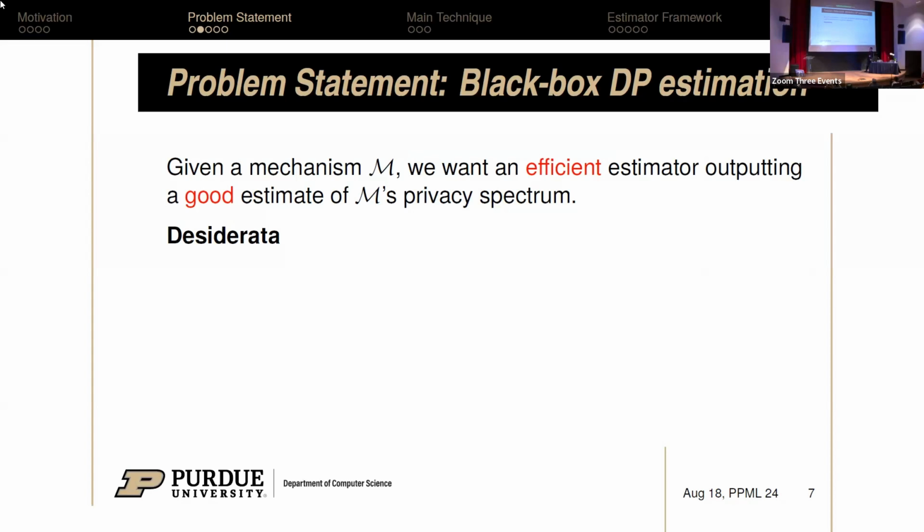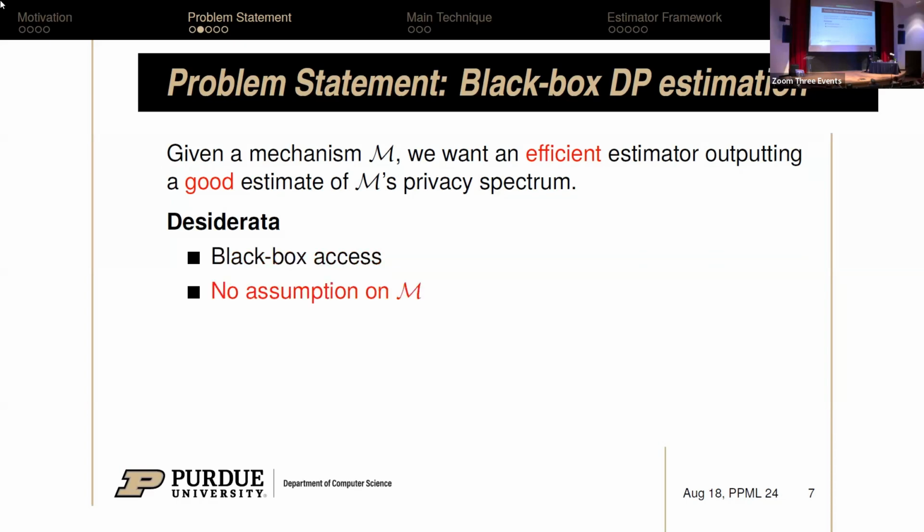And a good estimate means that we want an accuracy guarantee on the output. First, the estimator shall only access the mechanism in a black box way. Second, ideally, we don't want to make any assumption on the mechanism, so the estimator shall give an accurate estimate for an arbitrary mechanism.